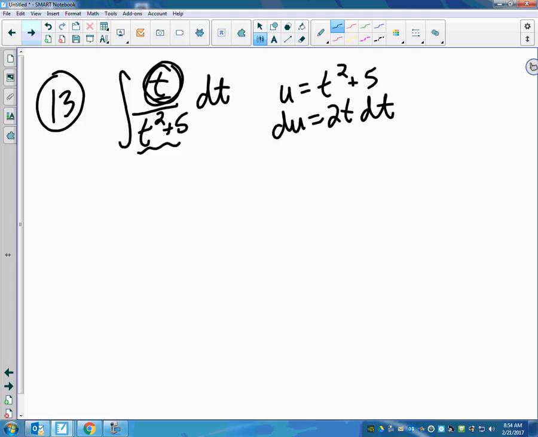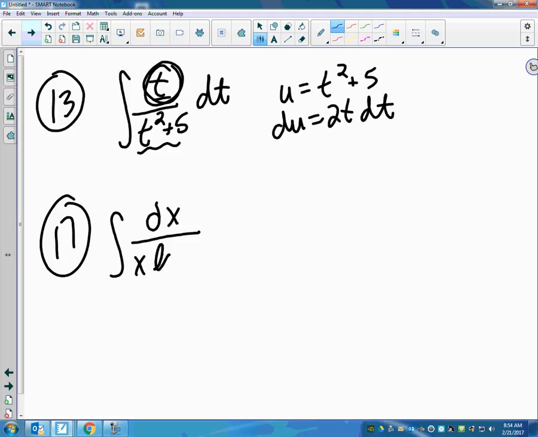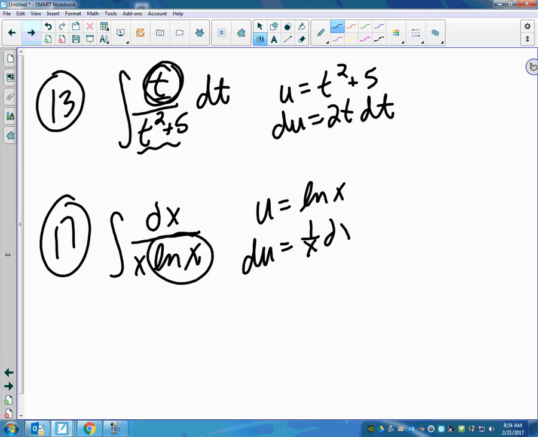Other questions? Number 17. They got like ln of the ln of something. I thought it was like the ln of x ln of x. I don't know. I think this is a u substitution again. Did you do u substitution? Like if you make this your u equals ln of x, then your du is 1 over x dx, which is exactly what we have in there, right?